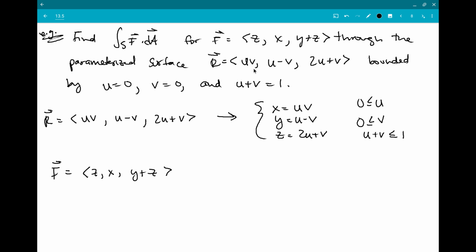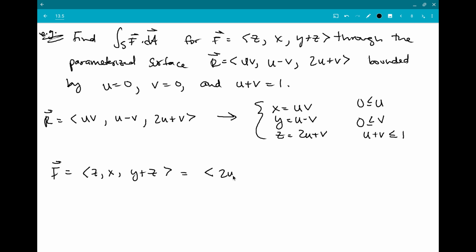The one that's in terms of u and v is a parameterization. The way you can remember that, if it doesn't occur to you right away, is that one of the steps is going to be to take those x's, y's, and z's and replace them with the u's and v's. So it'd be kind of silly to do that to one that doesn't have x, y, and z in it to start.